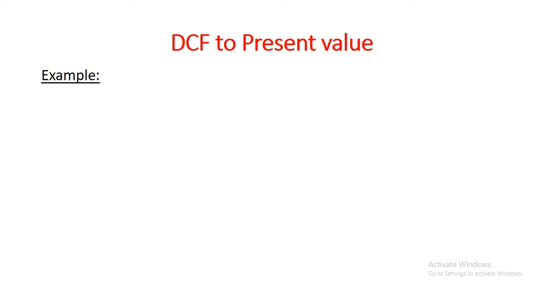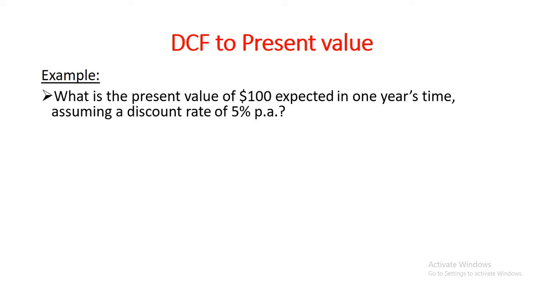Here is an example. What is the present value of $100 expected in 1 year's time, if your discount rate is 5%? So you have to find out the present value of $100 which will be received in 1 year's time, and your discount rate is 5%.